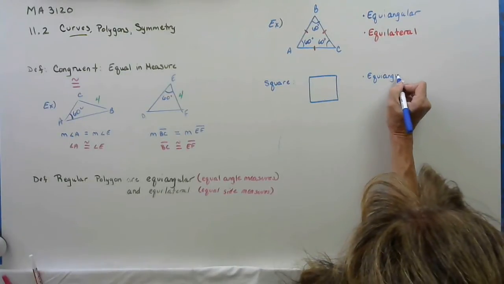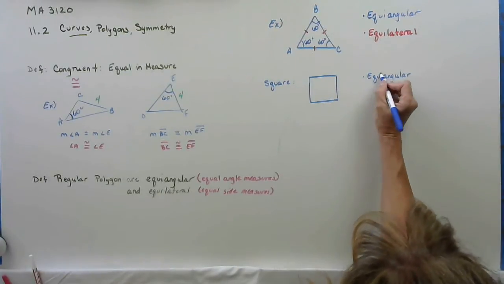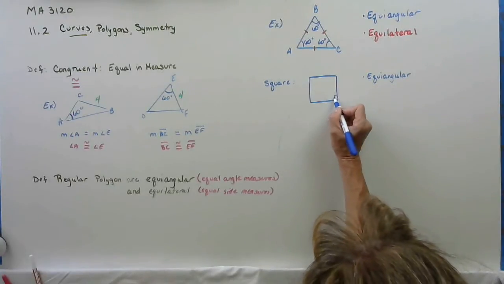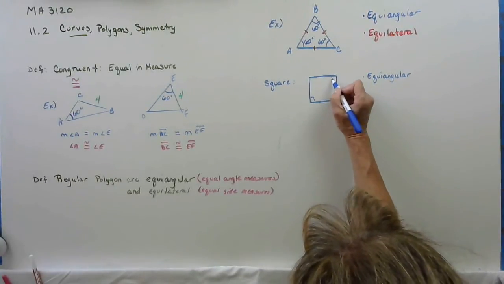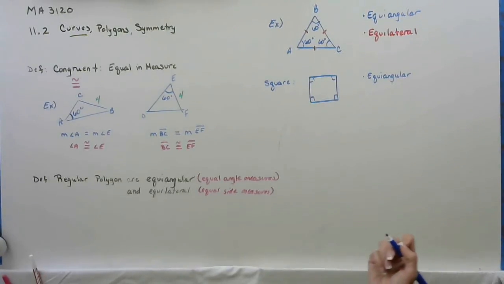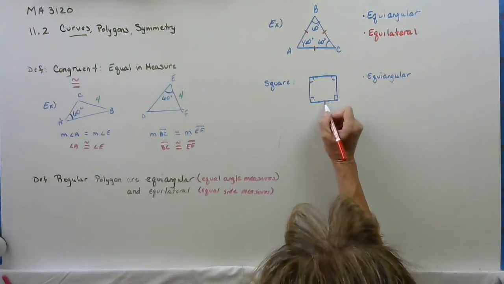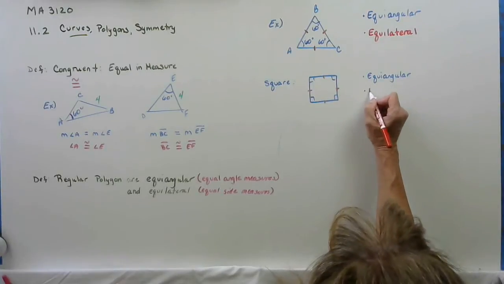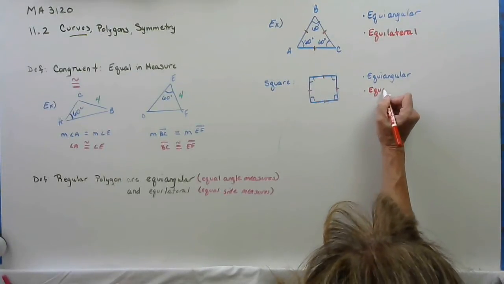Equiangular, because each one of these corners is 90 degrees, right? Each one's 90 degrees, therefore it's equiangular. And then a square also happens to be equilateral. All four sides are congruent, so it is also equilateral.